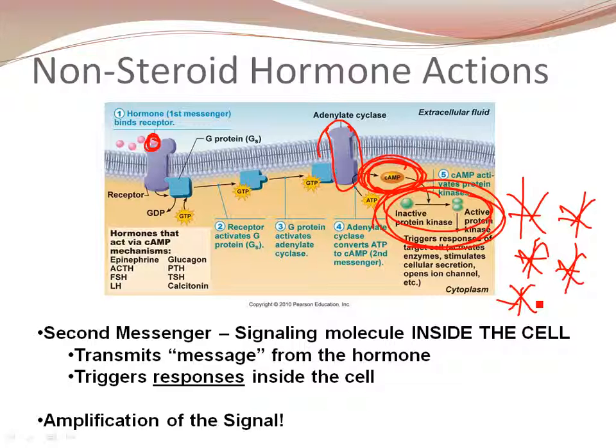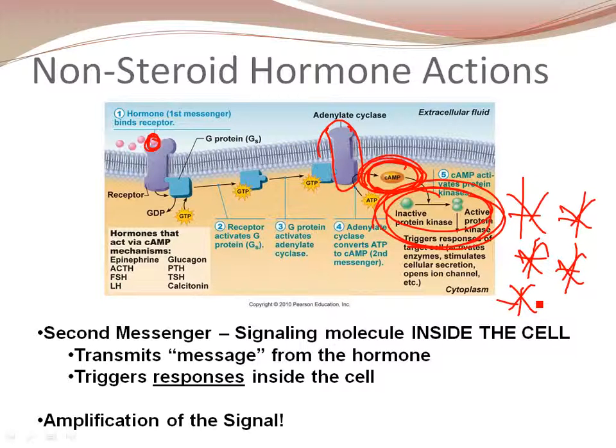So again, don't get too freaked out over the details, but do understand that a hormone binding to the cell surface leads to a cascade of events, triggers the production of these second messengers that continue to carry the signal inside the cell, and those are the little guys who ultimately lead to these big responses that the target cells can make.